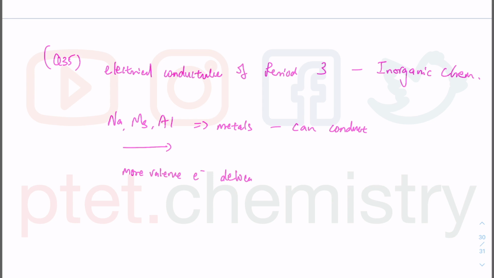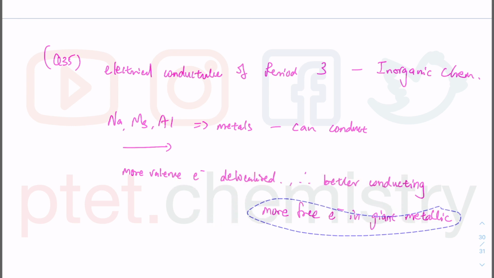So group 3 will delocalize 3 valence electrons versus 2 valence electrons versus 1 valence electron being delocalized. So therefore better conducting because you have more free electrons in the giant metallic structure. So very important, there are more free electrons in the giant metallic structure. Let me see if I can move that better.